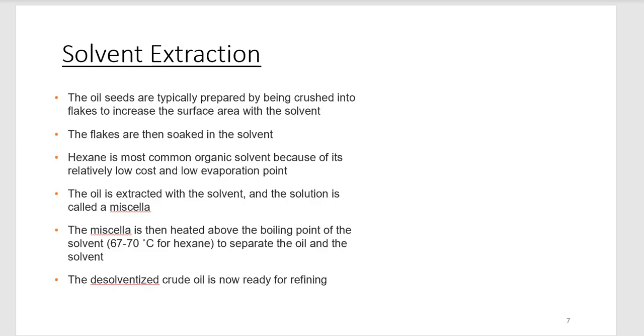Other extraction method is solvent extraction. It's the most common method. In this process, a solvent is used to extract oil. It's based on solubility. First, you need to identify a good solvent for your solid, which is oil. Please remember like dissolves like rule.